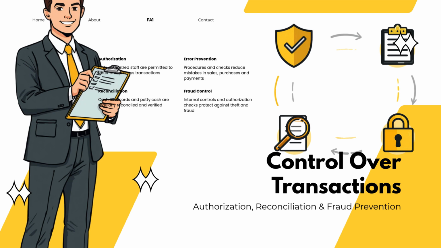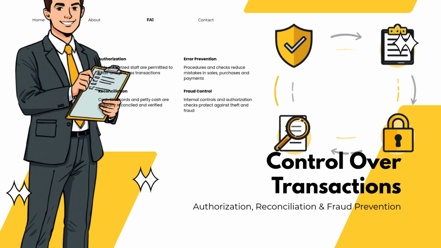Reconciliations. Reconciliation means matching the records with the actual balances, like the petty cash. You go and count the cash, and you also see the vouchers for how much has been spent. Error prevention: procedures and checks reduce mistakes in sales, purchases, and payments.